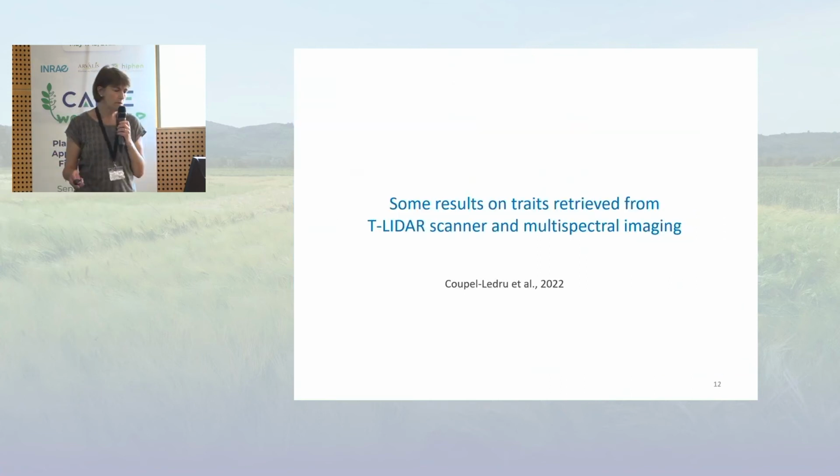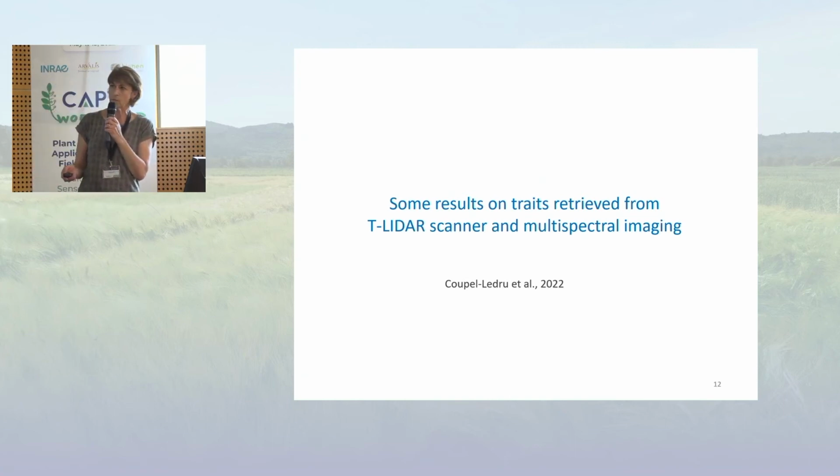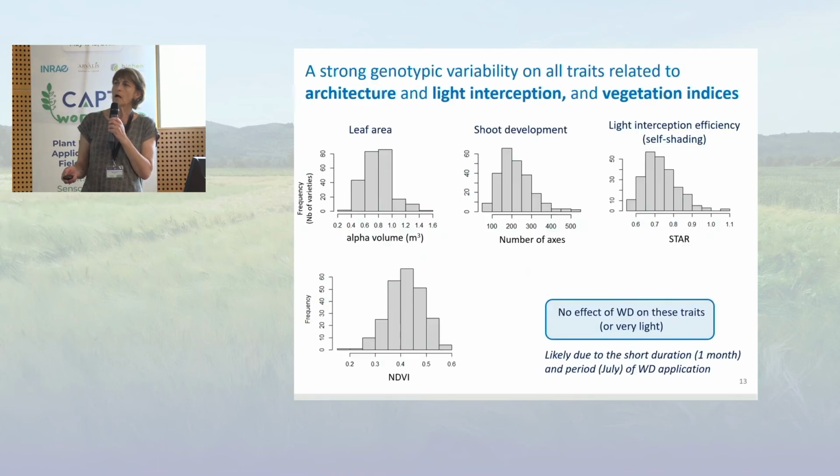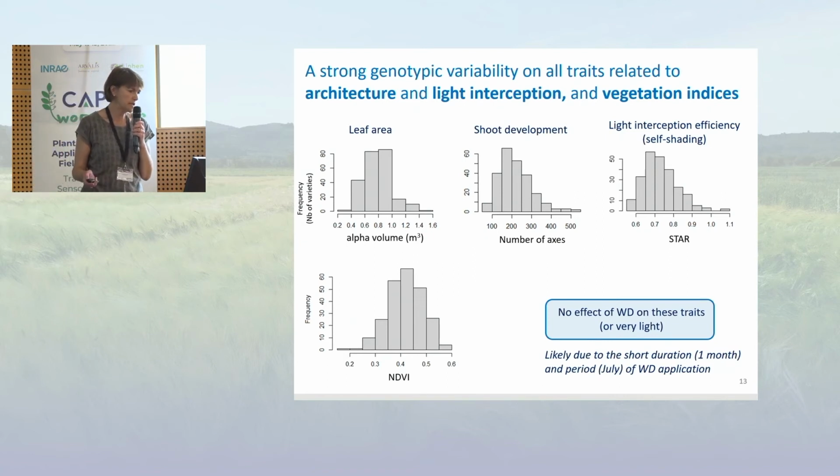Okay, so now some results from those variables we extracted. The first result is that we got a large genetic variability for the architecture and light interception traits and for all the vegetation indices.